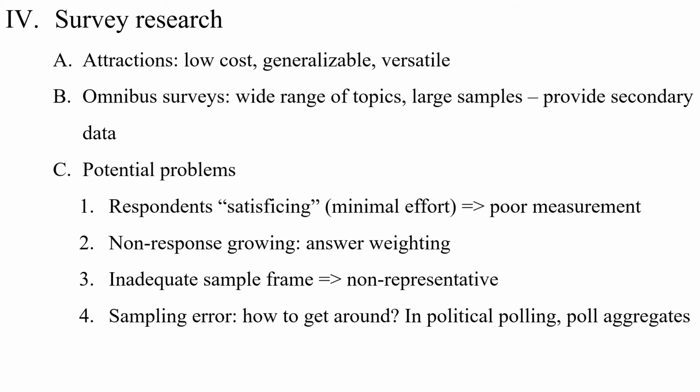But whether it's an omnibus survey or a very targeted survey by a political firm or a marketing firm, there are problems. So the first problem is satisficing. That means sufficient and satisfactory, I think. You're putting in minimal effort. You're not doing that much to answer the question. Somebody's shoved this survey at you, and you're like, yeah, fine, whatever. And you just check a bunch of boxes.